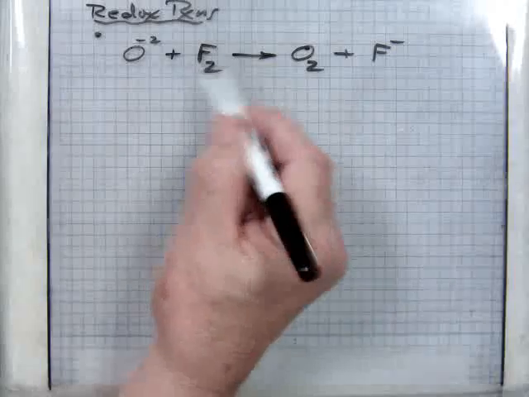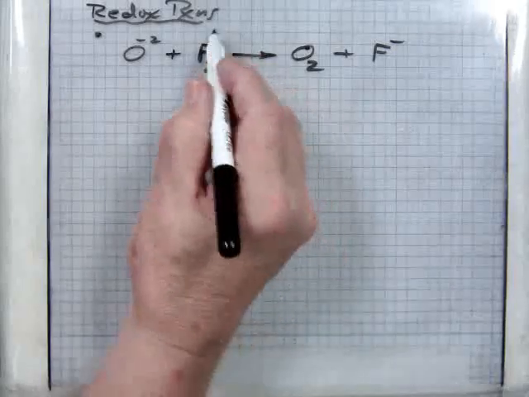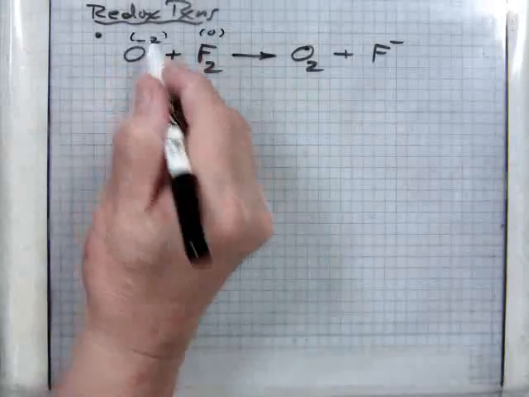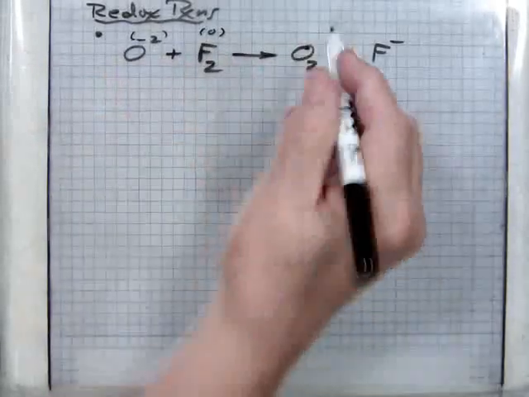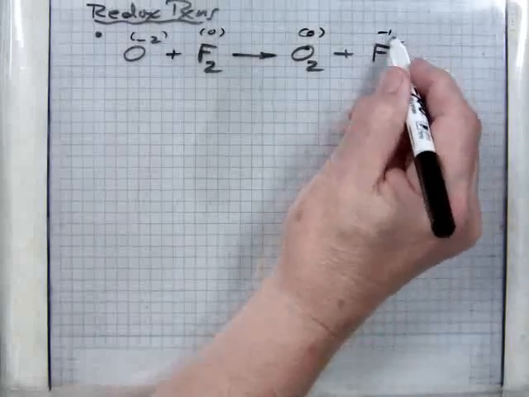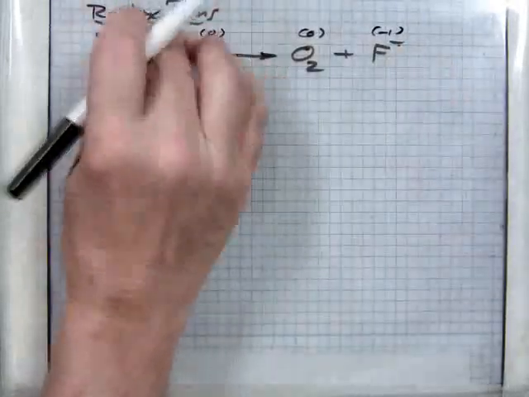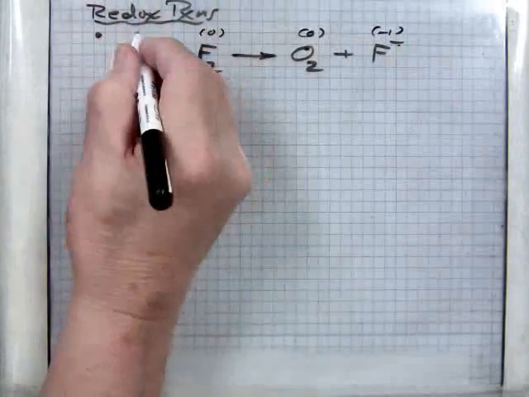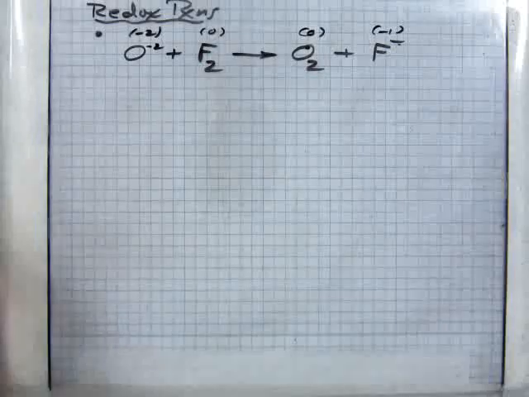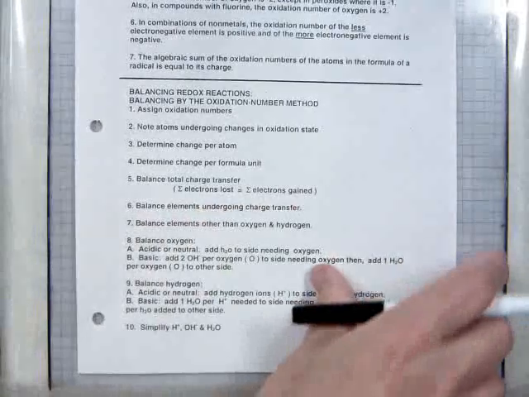Well, if you have elements in their basic standard states, all of them have oxidation states of 0. Oxygen will be 0 right here, and fluoride, that is a -1. And this one, put a -2 over here. I'll put it in parentheses just for emphasis. Okay, once you assign those, then what does it say? It says determine change per atom.